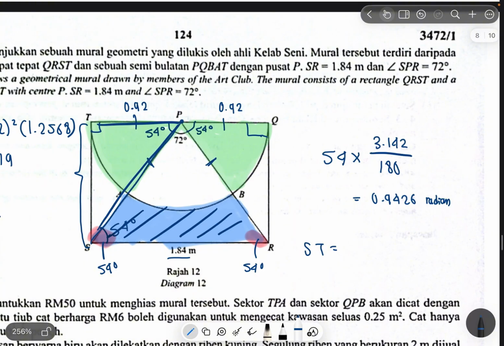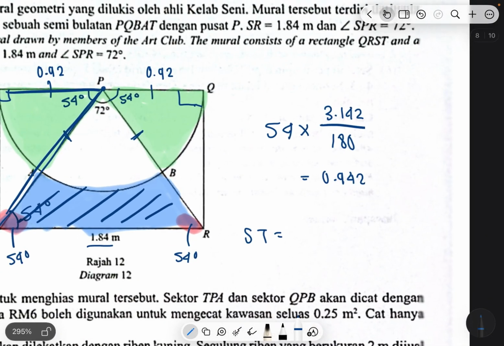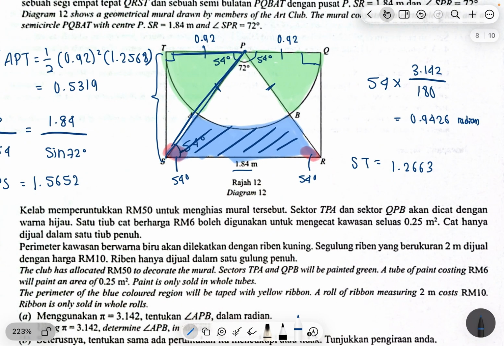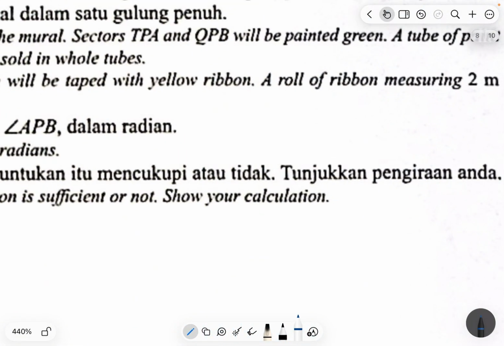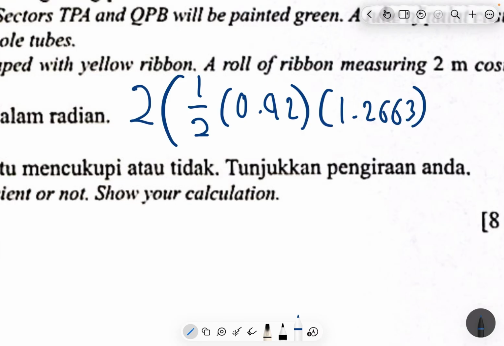So you get the square root of 1.5652 squared minus 0.92 squared. So you get 1.2663. So I can use the formula for the area of a right angle triangle. I'll multiply by 1/2 first: 1/2 times base 0.92 times height 1.2663.